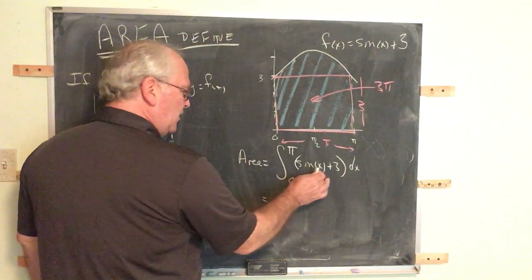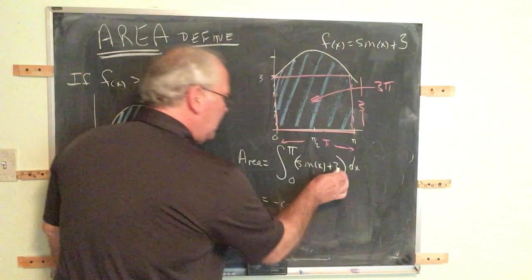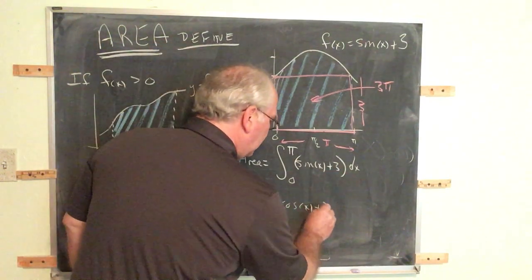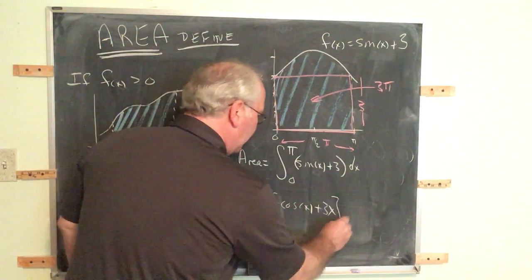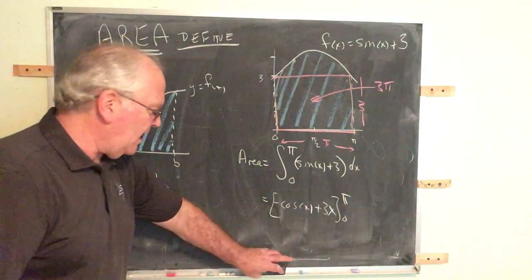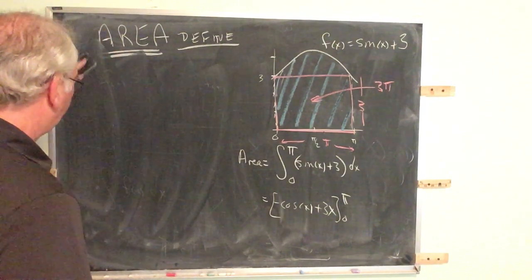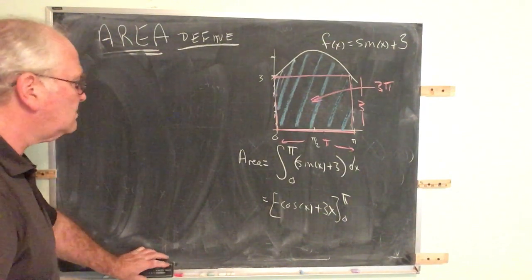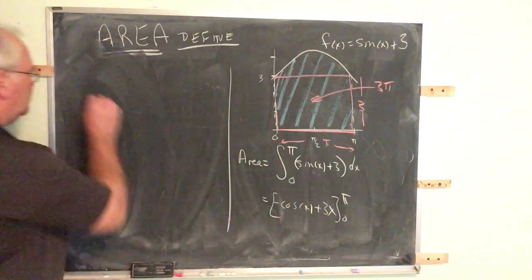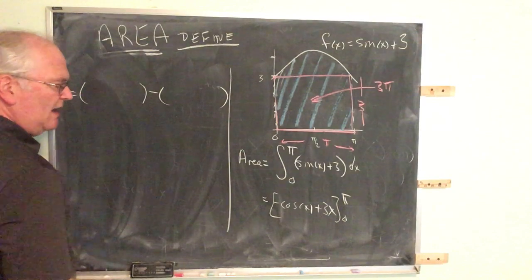We need to find an antiderivative here. Antiderivative of sine is negative cosine. Antiderivative of 3 is 3x, and that's evaluated from 0 to pi. And then what do we do here? So that's equal to evaluate at the top minus evaluate at the bottom.